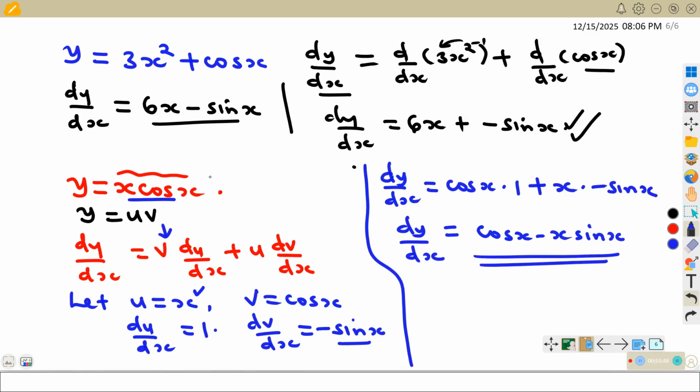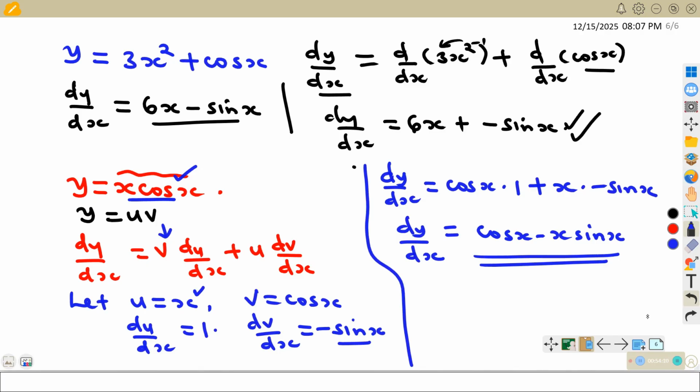So when you know how to differentiate some of the trig functions, you should now be able to deal with the product rule where you have trig functions. You should be able to deal with maybe implicit functions as well. So we shall be looking at more of these.